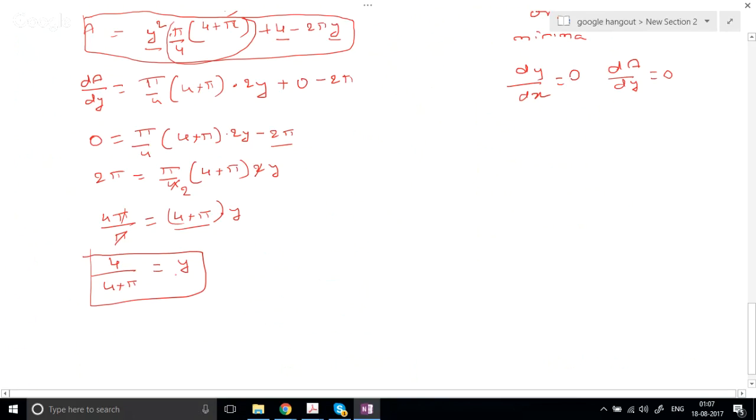Whether this point we got is a maximum or minimum, we will find out by finding the second derivative of this expression. If you do the second derivative of this expression, we get to know whether it is a maximum or a minimum point.